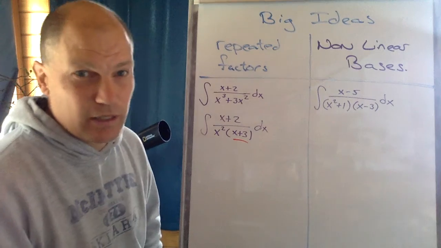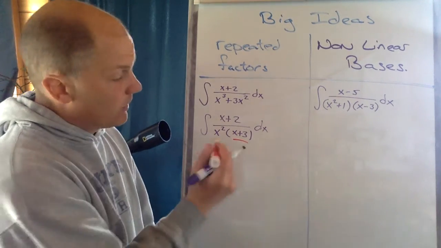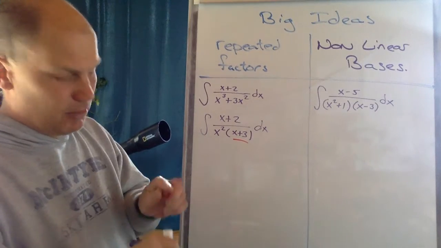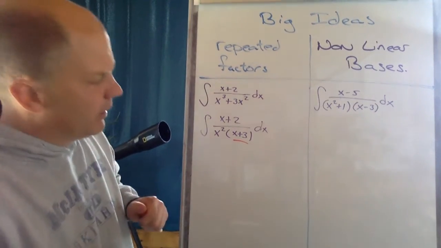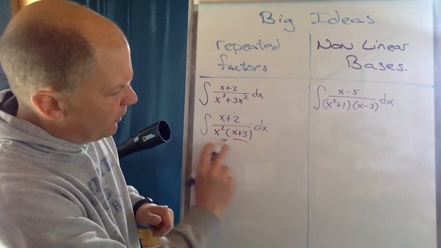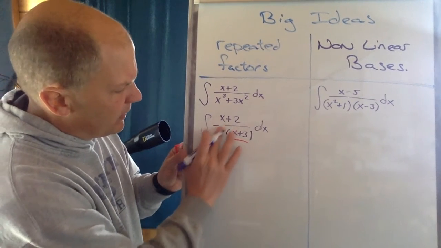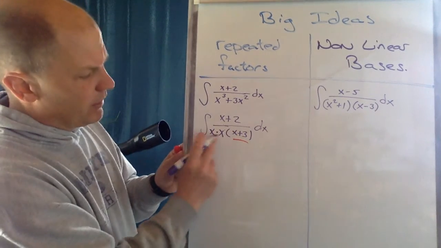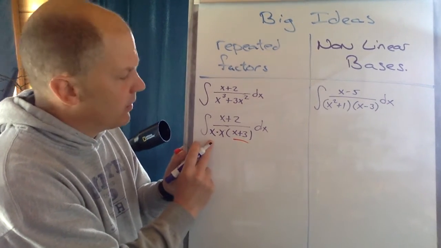It's that x squared that I'm really talking about at this point. This could also be x plus 3 squared, and then we would change things up just a little bit. But I'm going over an easier idea. So we could rewrite this and say that instead of x squared, it's just x times x. So now you can really see that it's a repeated factor in the denominator.